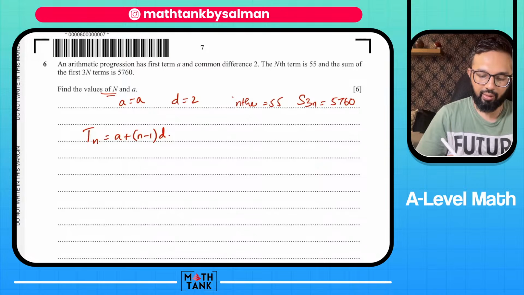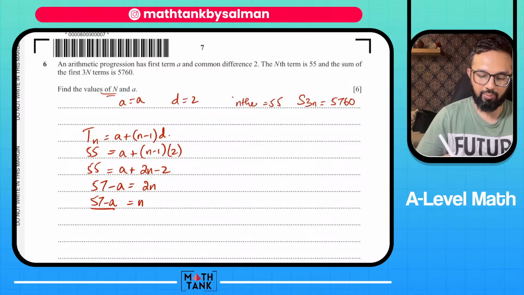So 55 equals a plus n minus 1 times 2. So a plus 2n minus 2 equals 55, so 57 minus a is equal to 2n, and n is therefore 57 minus a divided by 2.